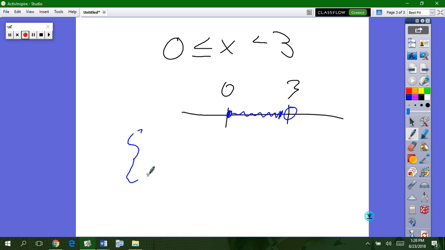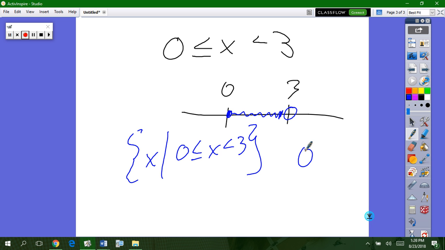Once again, how would we write set builder? Curly brackets, x such that... Your answer is going to be in set builder. Now, what is my interval? How far left did it go? 0.